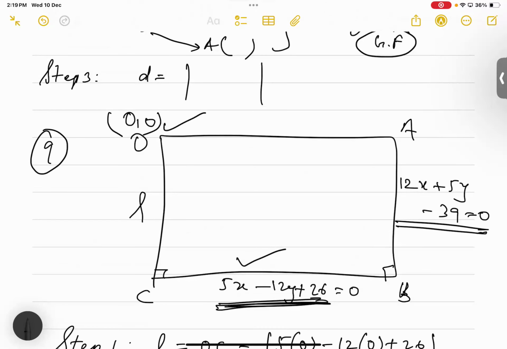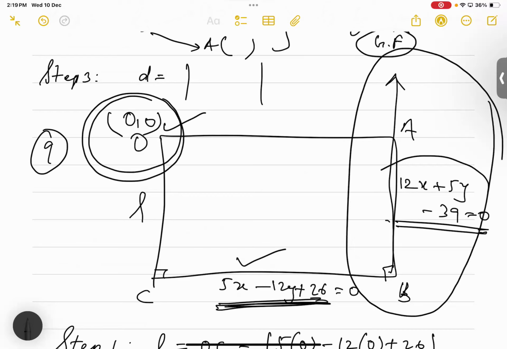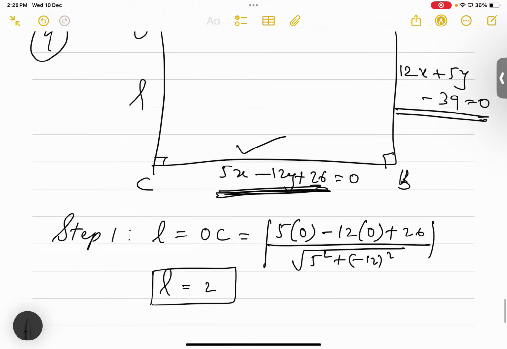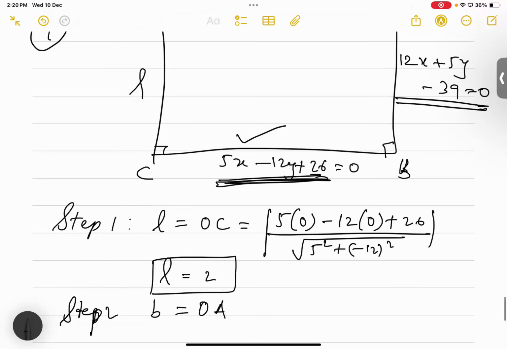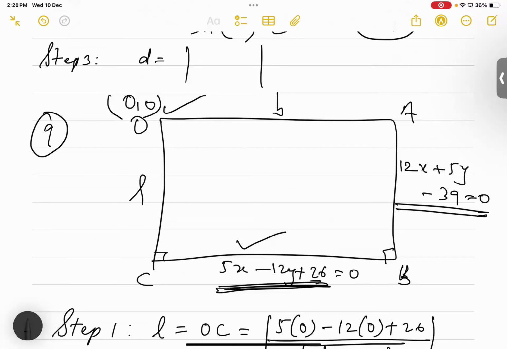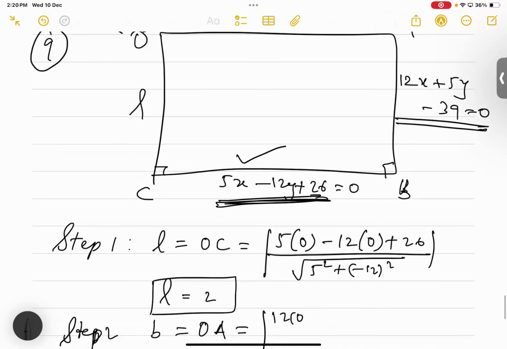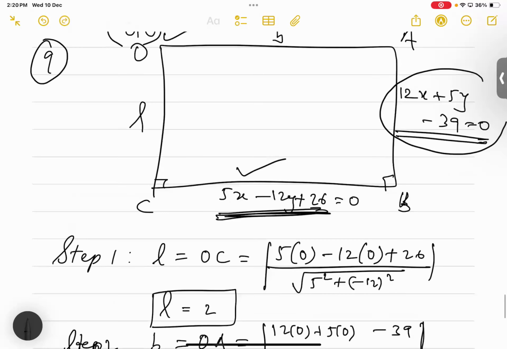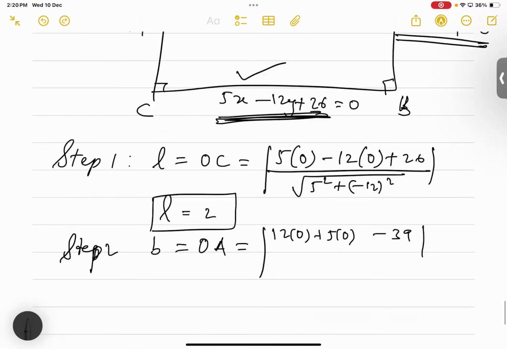Now look at this origin and this line. Do we know the equation of this line? Yes. So the distance between origin and line AB is the breadth. Let it be B. Step 2, B is equal to OA, the distance between origin and line AB. So 12 into 0 plus 5 into 0 minus 39 upon root of 12 square plus 5 square.